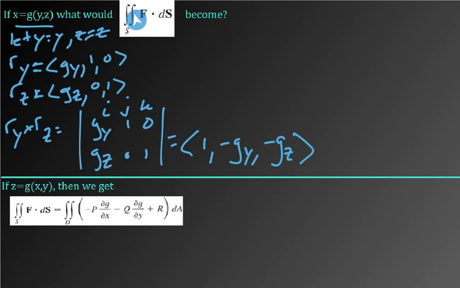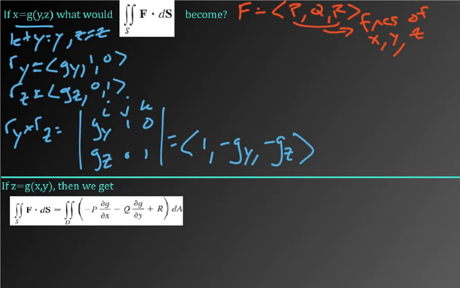And so F is going to basically be some sort of 3D P, Q, R thing, and those might be functions of x and y, or x, y, and z, really.